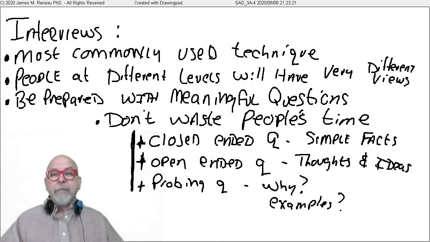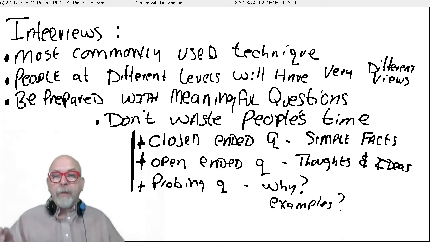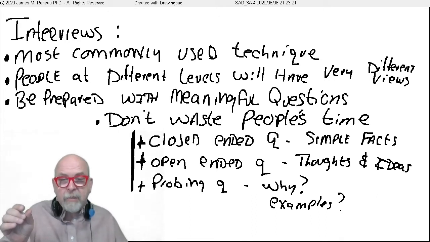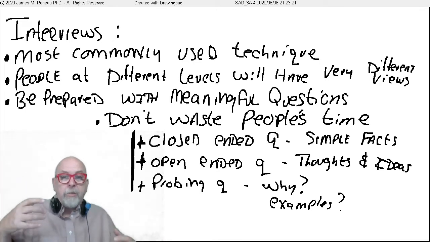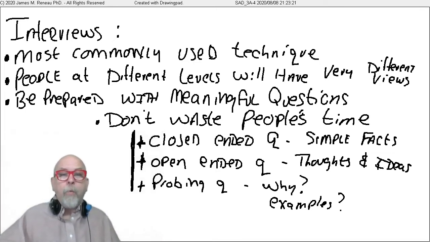Senior management is not going to understand some of the little bits of the system. Some of the people that are doing the little bits of the system aren't going to understand what senior management wants. They just don't. So don't waste people's time. Don't ask questions you already know the answer to.